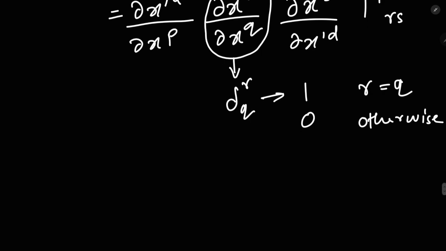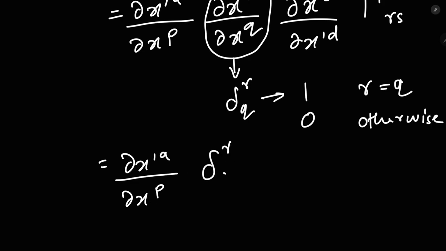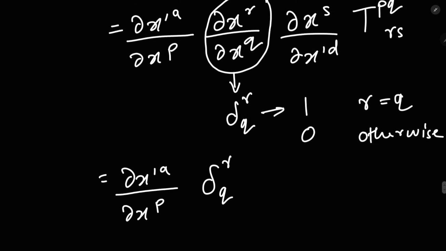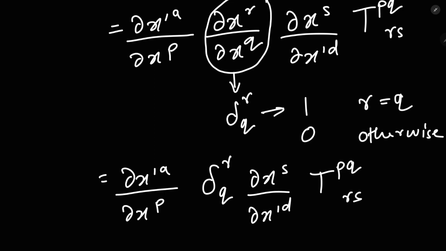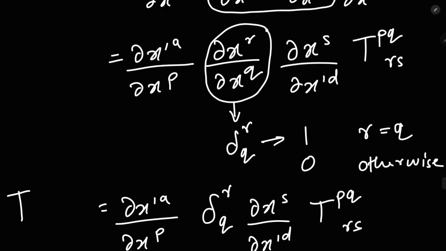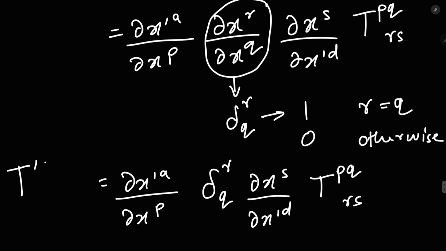So we have del x' A upon del x P, Kronecker delta RQ, del x S upon del x' D, T^{PQ}_{RS}. And here we have T' AB BD.